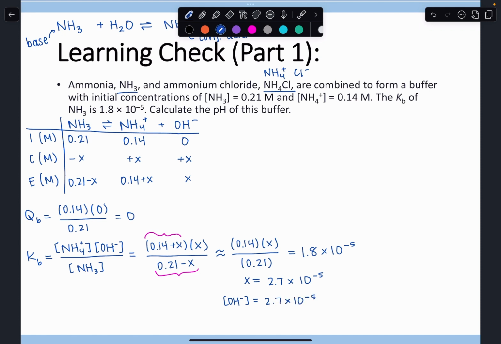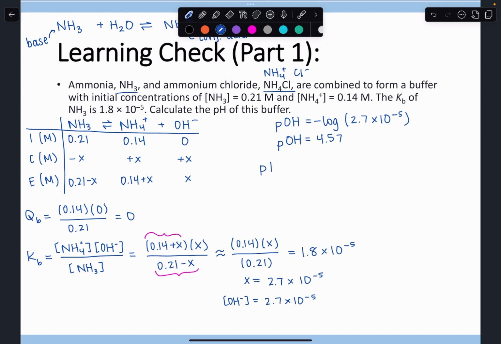So I'm going to start working in the top right of the page now. So pOH is the negative log of the OH minus concentration at equilibrium, which we calculated by finding X. So pOH is equal to 4.57.